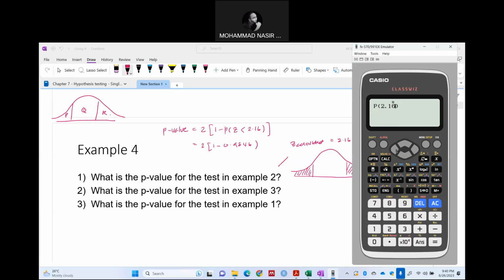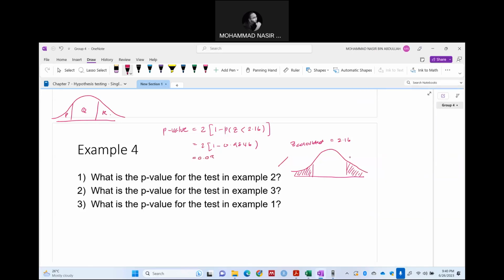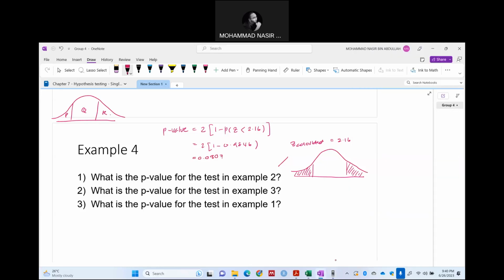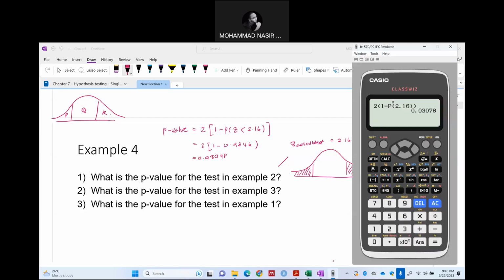So we straight away use 1 minus 2.16 and multiply with 2. Straight away use this function. So this one should be equal to 0.0307. Okay?